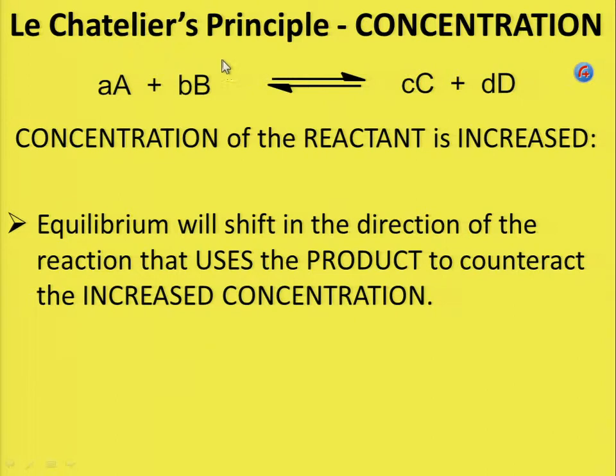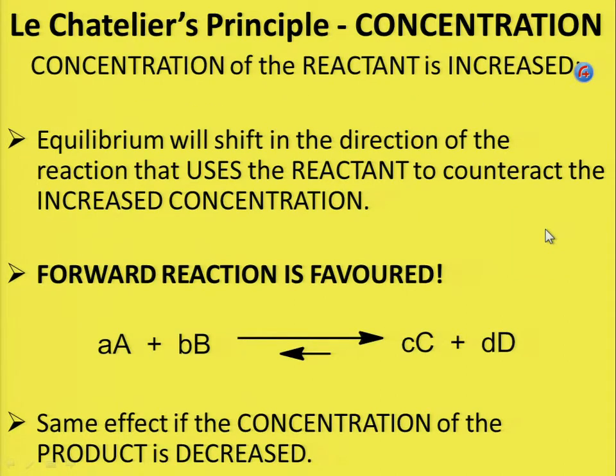So let's say the concentration of A was increased. Now you want to use A to get rid of it, and therefore more of the product will be formed.